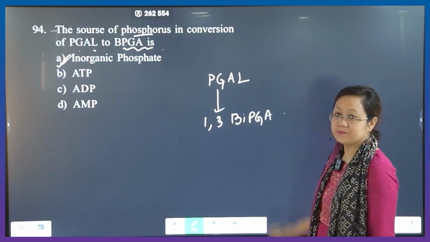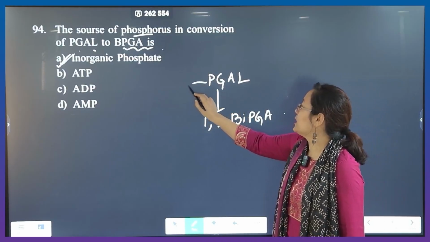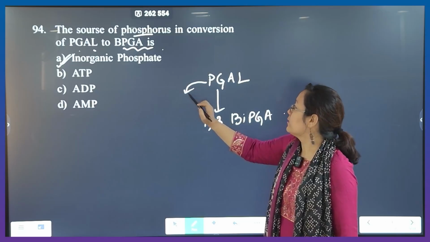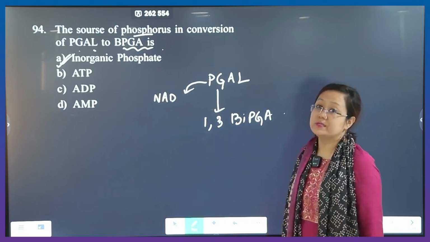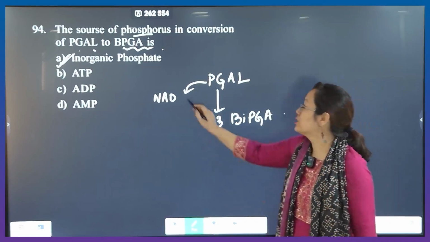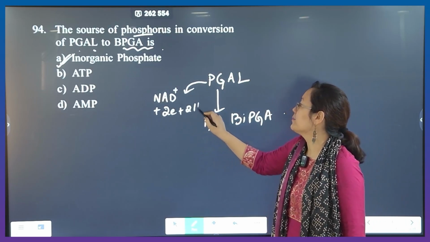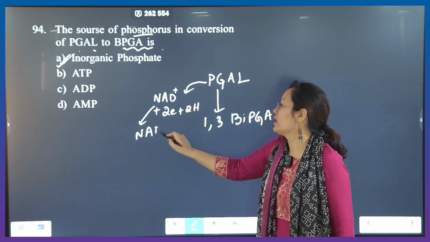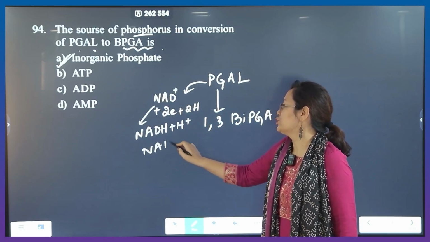In this 1,3-bisphosphoglyceric acid formation, this PGAL will undergo oxidation. That oxidation will release the electrons and the protons that will be accepted by NAD ion, and it will convert to form NADH plus H, or NADH2.